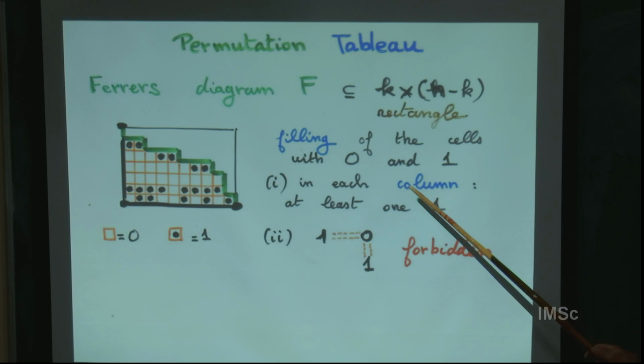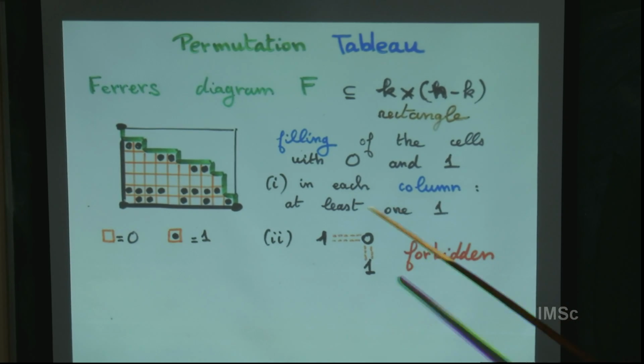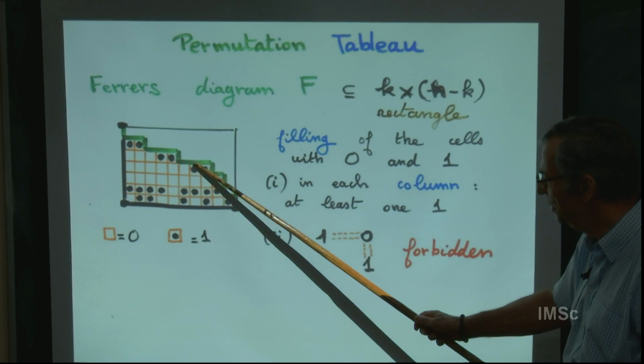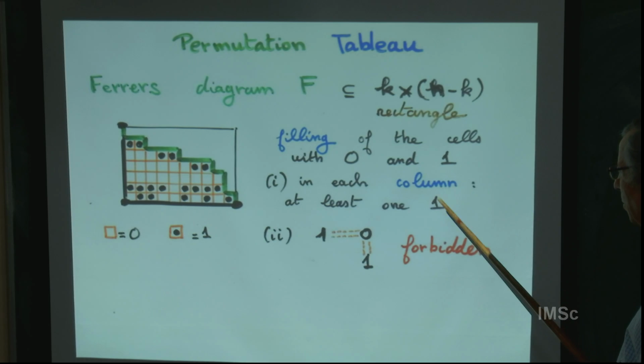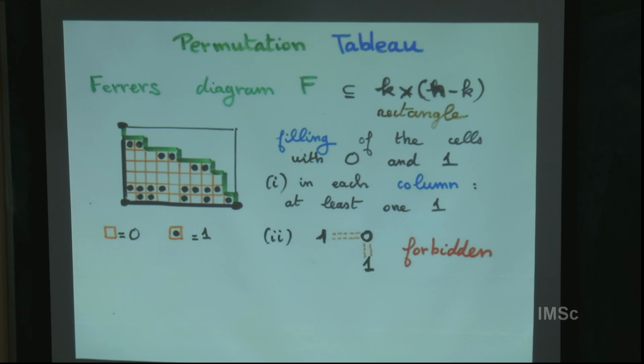So in each column there is at least one black. The 1 means black point, and the 0 empty point means 0. So in each column there is at least one black point, and this pattern is forbidden.